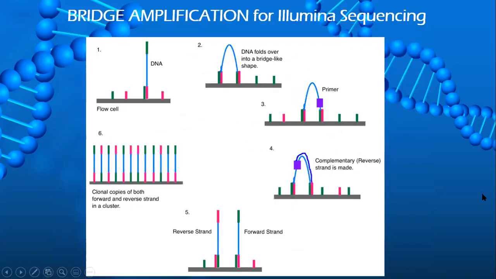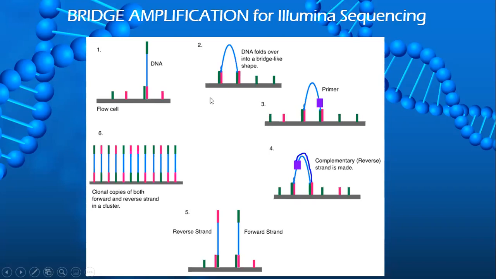So this slide shows the bridge amplification technique for Illumina sequencing. Here, the first step is the DNA fragment to be amplified is attached to the flow cell via the adapter sequences, which are complementary to sequences already present on the flow cell.